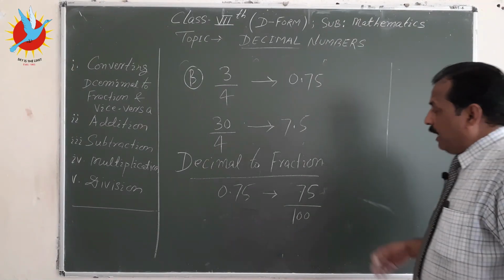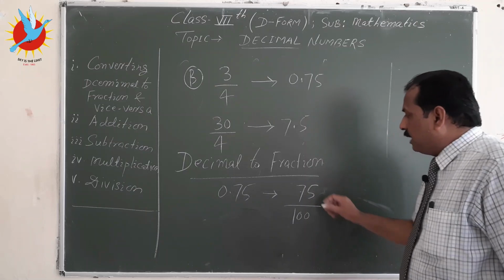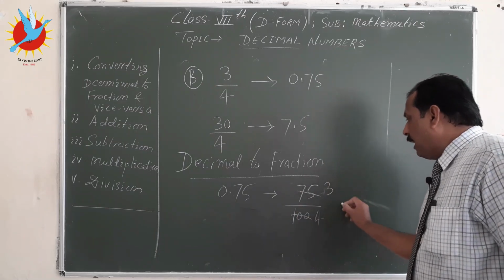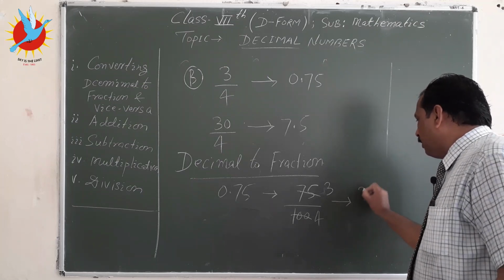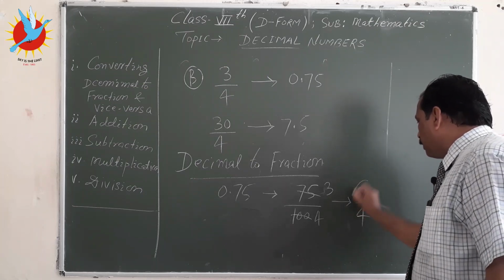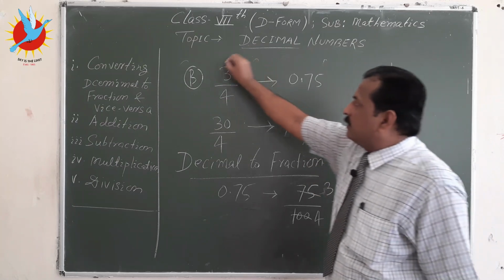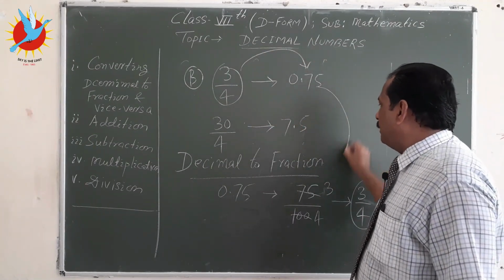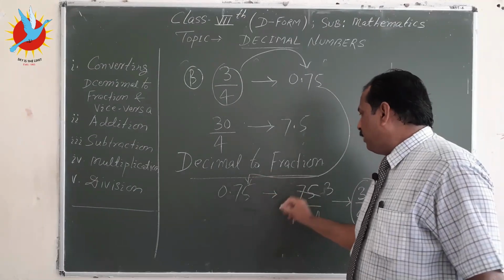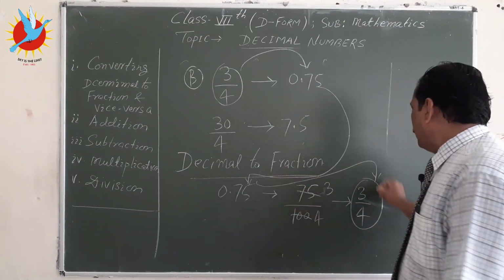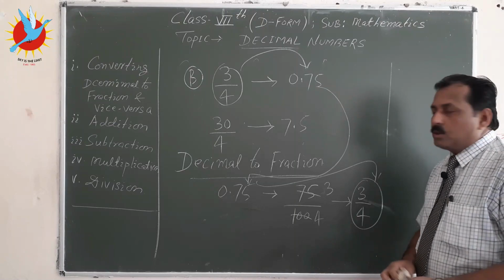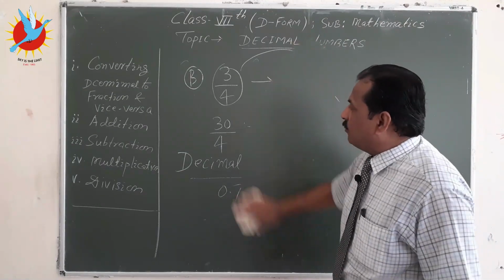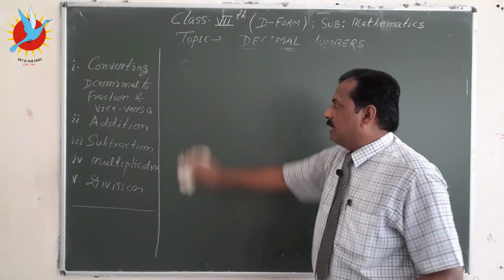Now you can reduce this fraction. We can cut it: 25 threes and 25 fours, and this is equal to 3 by 4. So see, we converted this 3 by 4. We got 0.75 and we converted this 0.75 and we again got 3 by 4. So this way we can convert decimal to fraction and fraction to decimal.